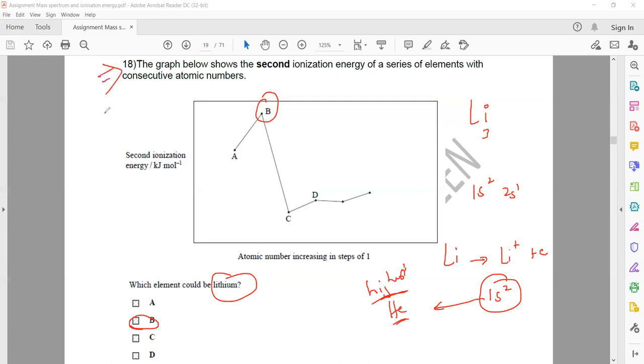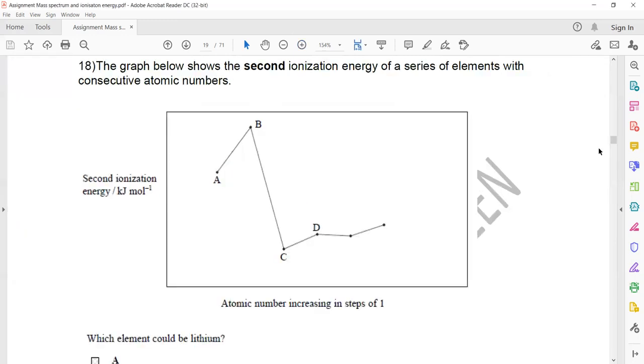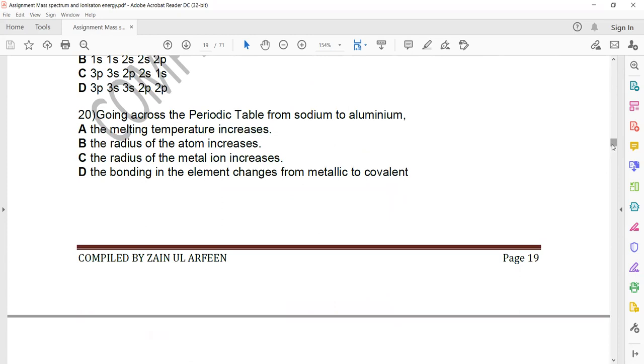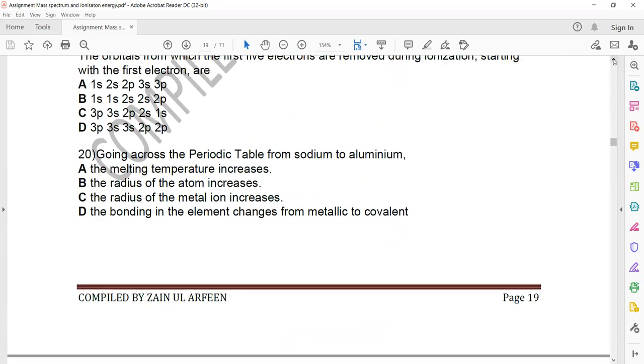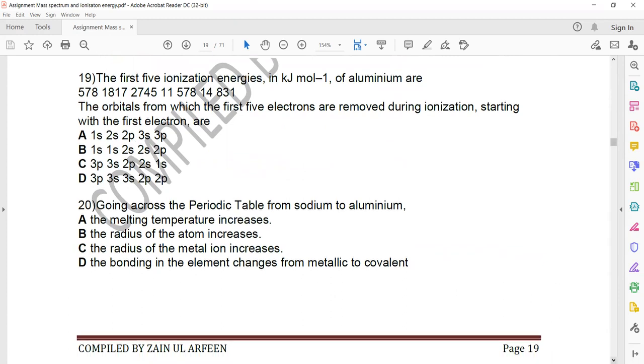Question 18. The first five ionization energies of aluminium are shown.